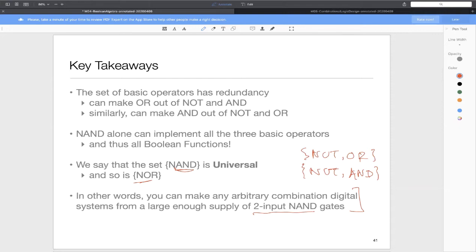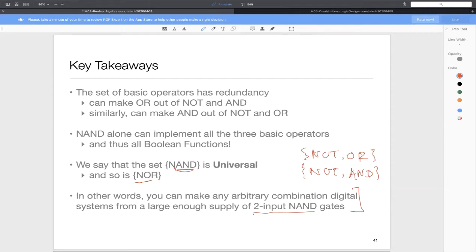Obviously a 3-input NAND gate is a secondary operation, right? Because remember, our Boolean algebra basically says that all I need for all of Boolean algebra is an OR operator which takes 2 inputs, an AND operator which takes 2 inputs, and a NOT operator. And now we showed that, hey, I don't even need that.